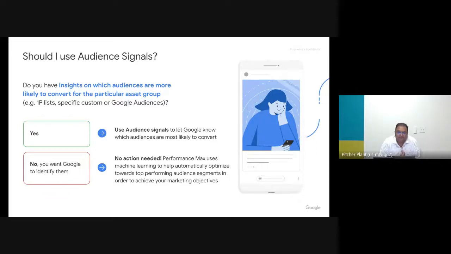Now, if you're already running a Performance Max campaign, it's likely unnecessary to go back and add those audience signals because it's already performing as intended. However, you can always create a new asset group within the campaign that is targeted with a specific creative to certain audiences that you have found to perform even better.